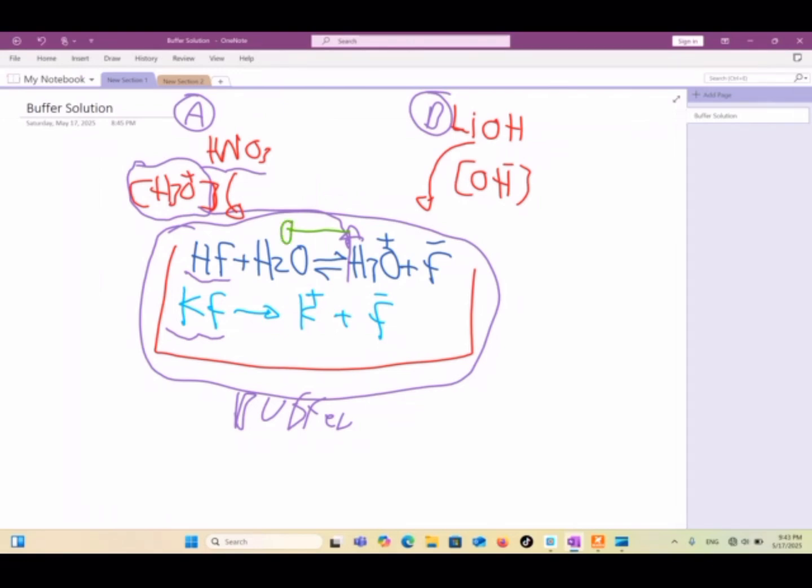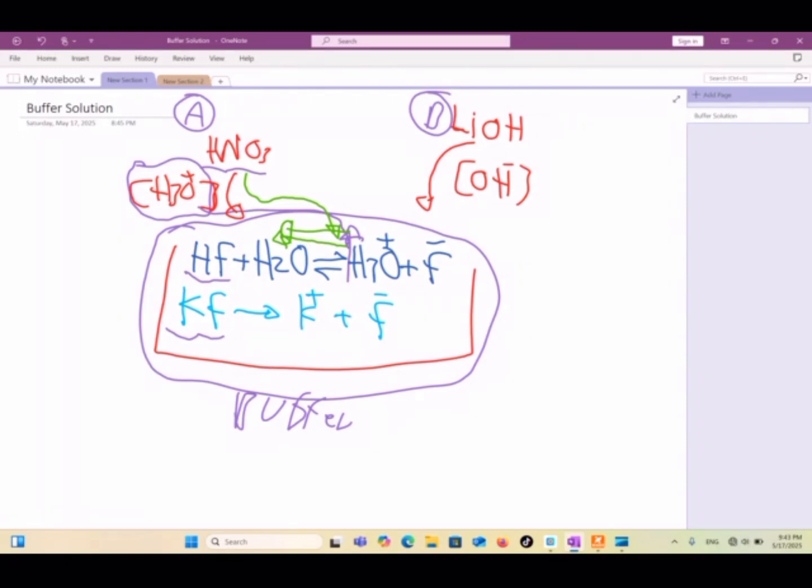You may guess that the hydronium concentration increases due to adding nitric acid, which is a strong acid, but that's not the case. Why? Because, guys, the hydronium added from the nitric acid is consumed by the shift, forming HF and H2O, hydrofluoric acid and water.